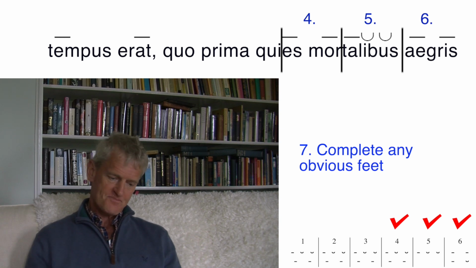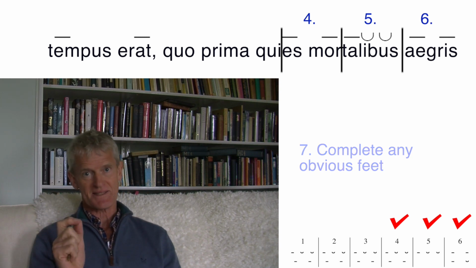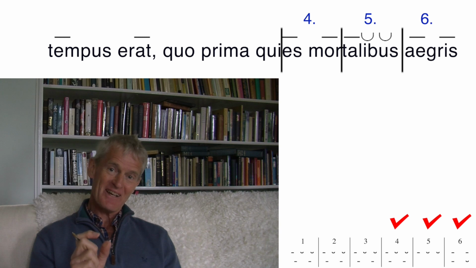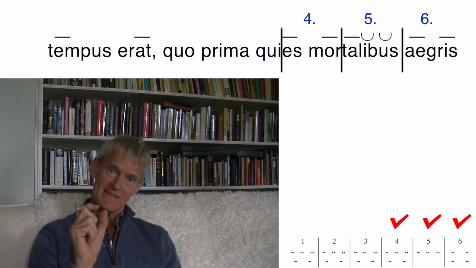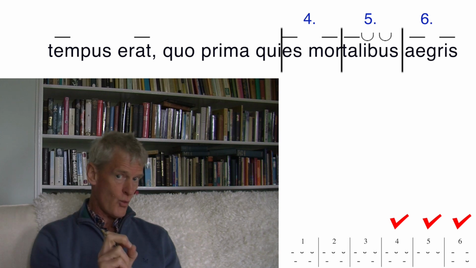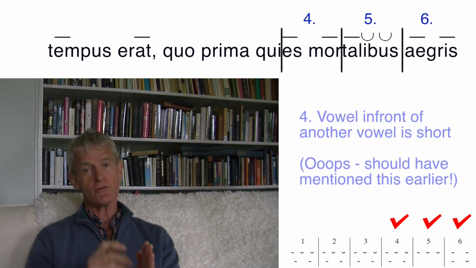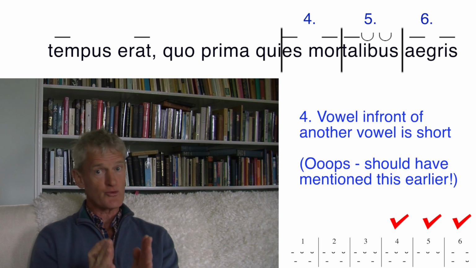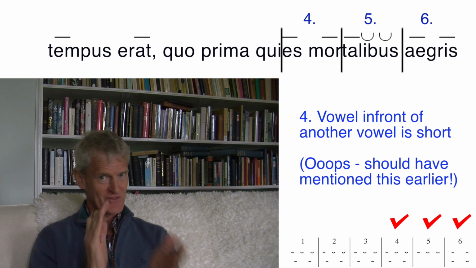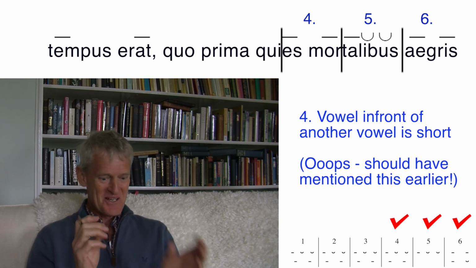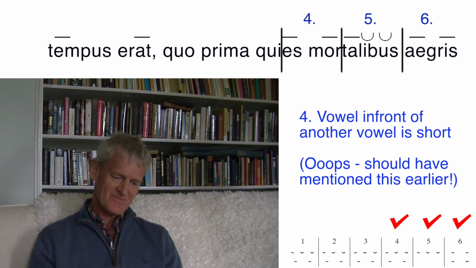Now, quies. So immediately in front of mortalibus, we've got quies. The I is short because it's a vowel followed by another vowel, not a diphthong. So that we have marked as short.